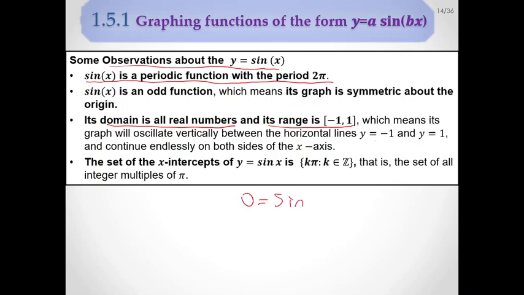Okay, what makes y equal to 0? Which x values? Clearly 0, pi, 2 pi, and the others. When you put them here, you will see y is 0. So the integer multiples of pi are the x-intercepts of the graph.